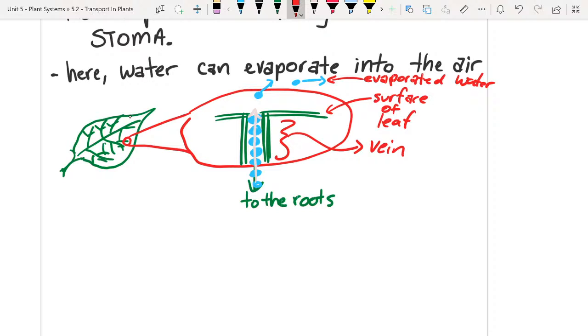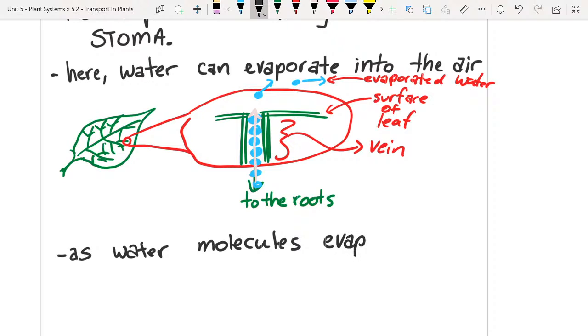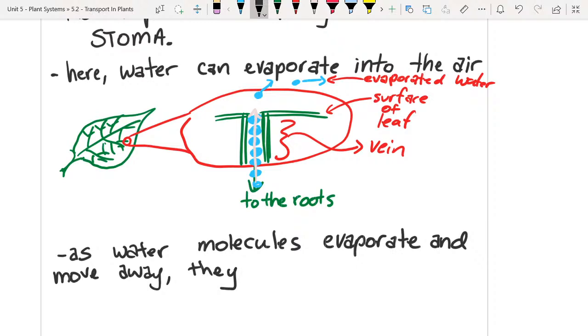But here's the thing. As water molecules evaporate and move away, they pull on the molecules below them.